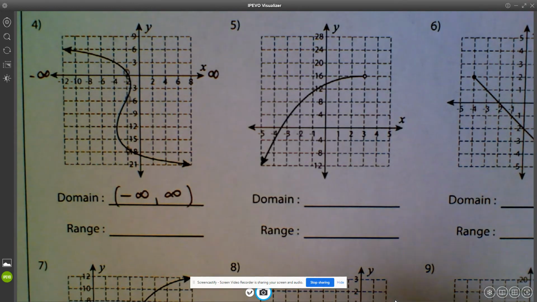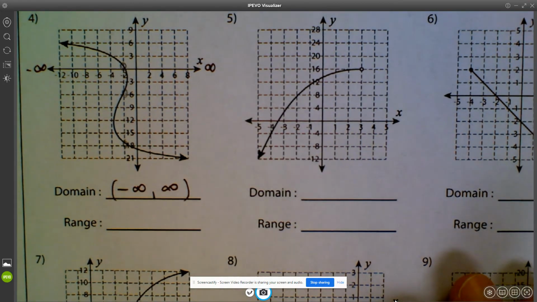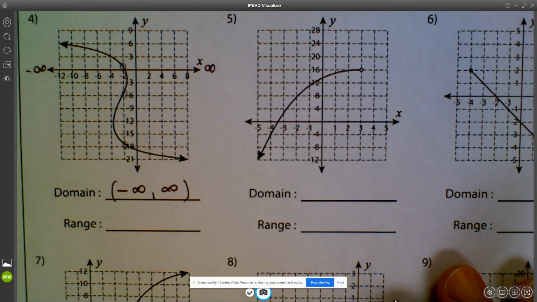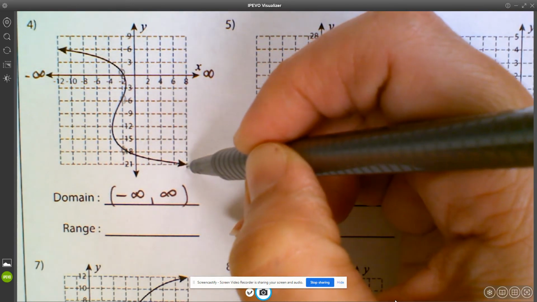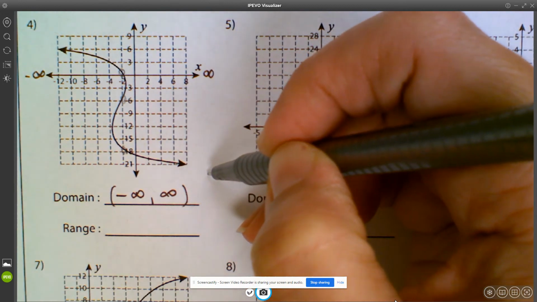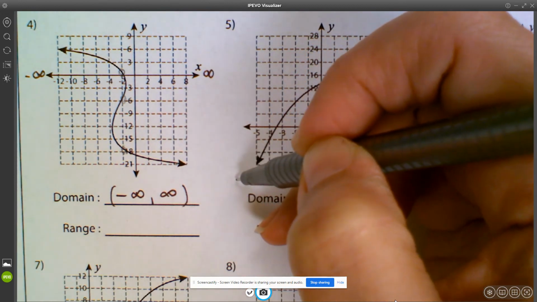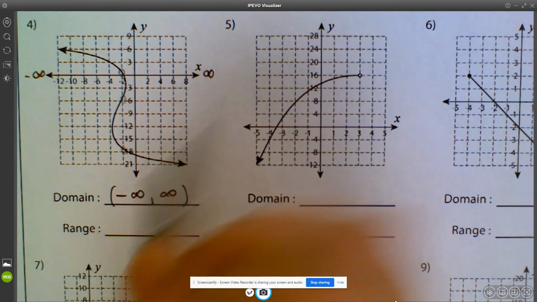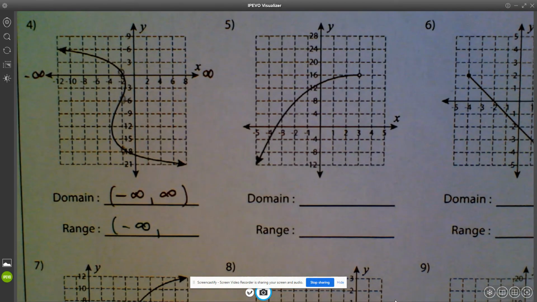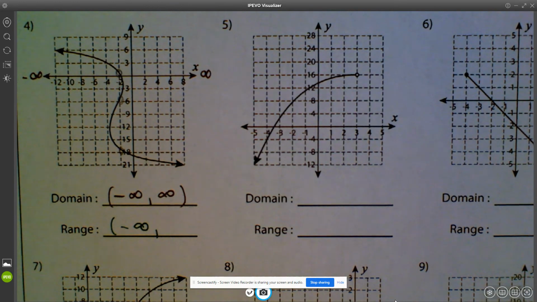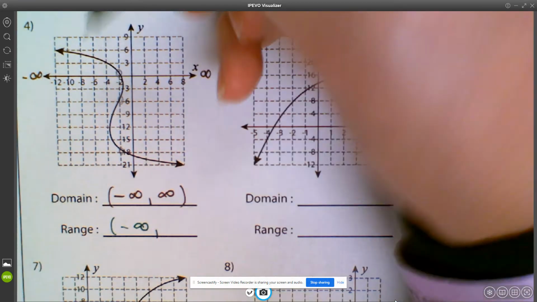But I digress. All right, let's go on. For the range, how low does this graph go? Well, it's going to go down. It gets to negative 21, and then it'll get to negative 24, negative 27, negative 30. So it looks like it's going to go forever down. So it'll go to negative infinity. How high does this thing go?